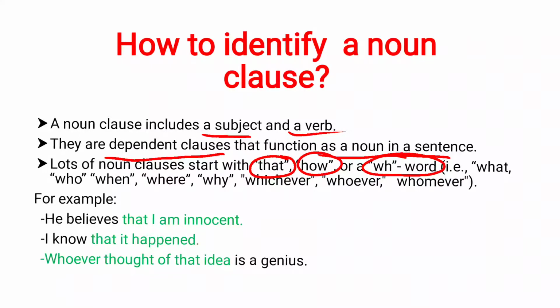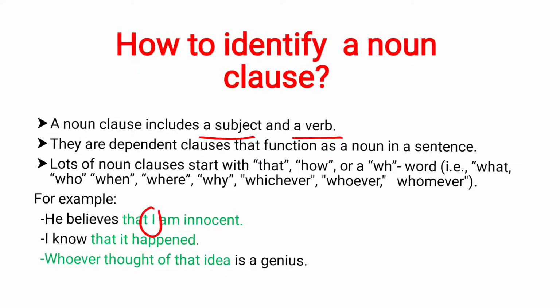Now, let's understand the example which we took earlier. He believes that I am innocent. Do we have a subject and a verb in this sentence? So, I is the subject and am is the verb.